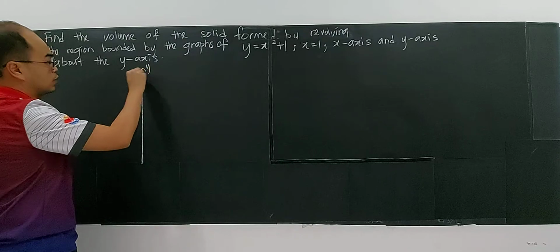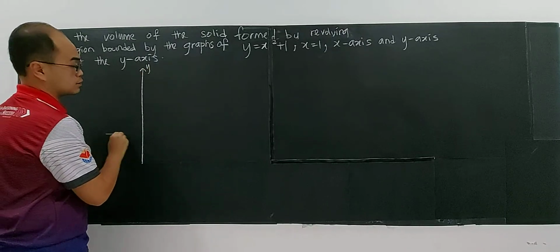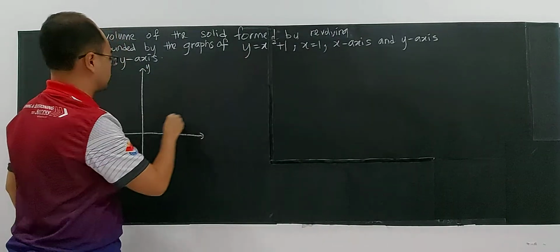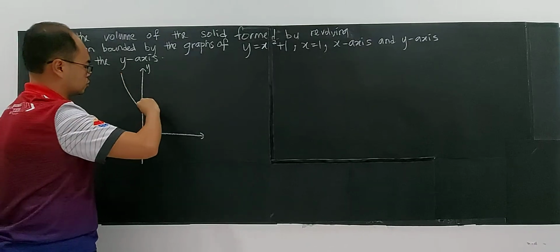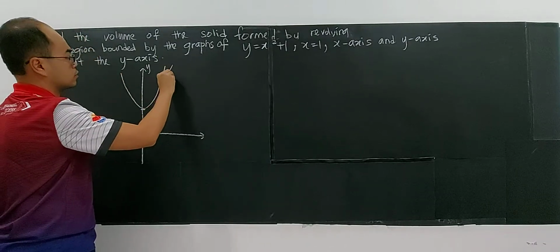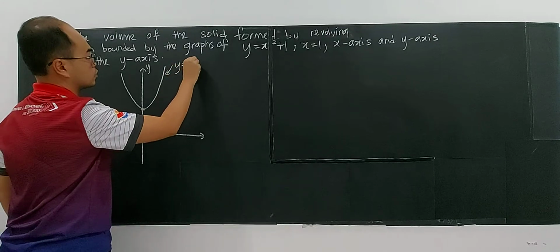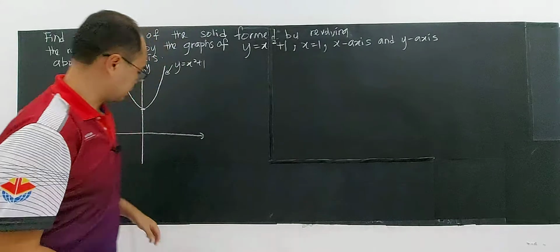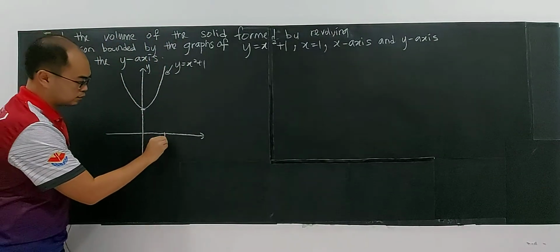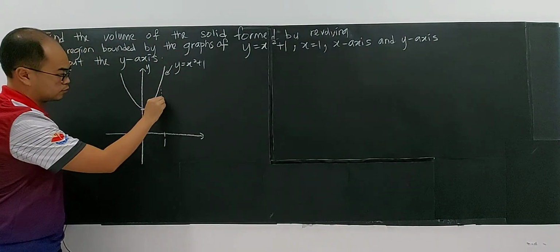So we know that with the y and the x-axis here, we have the graph of x squared plus 1, and the line x equals 1. So there is a graph.